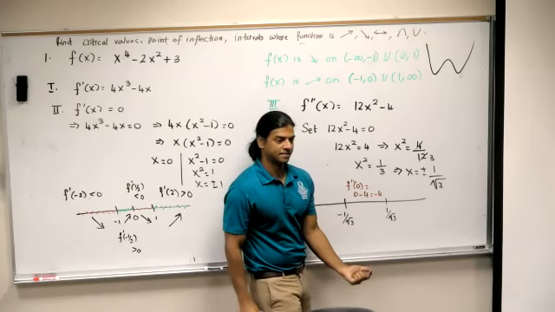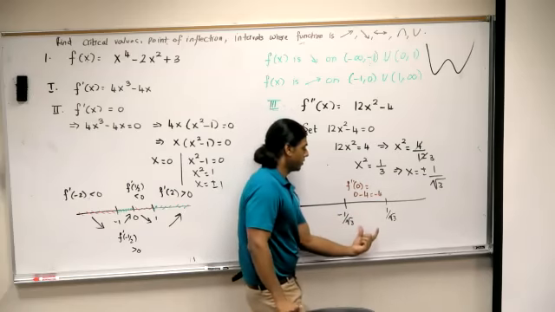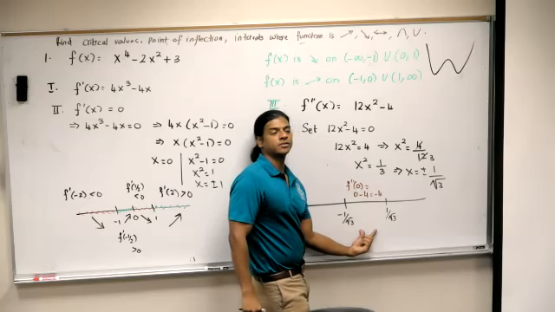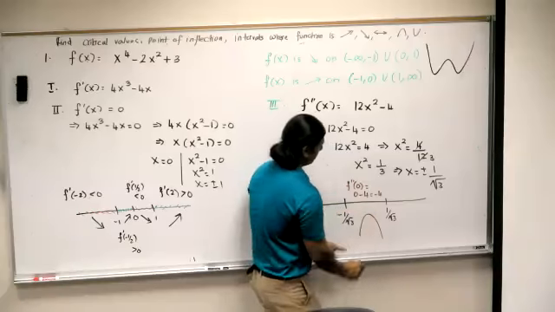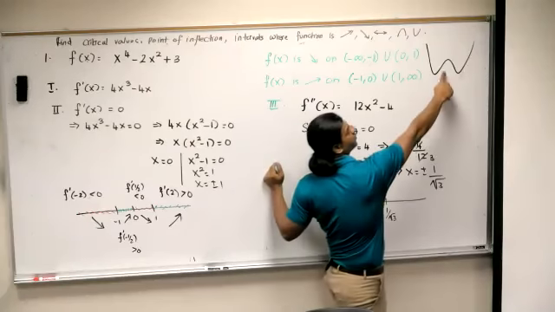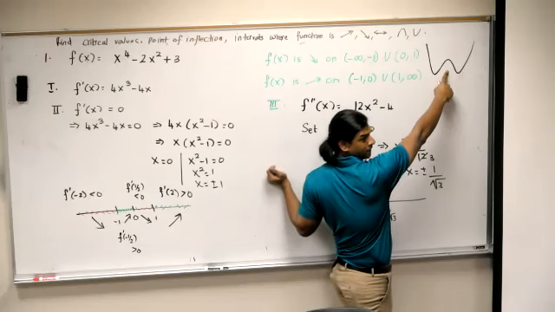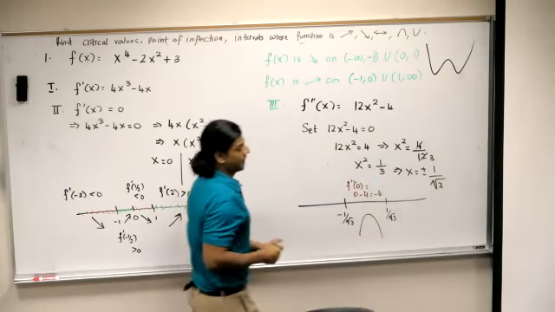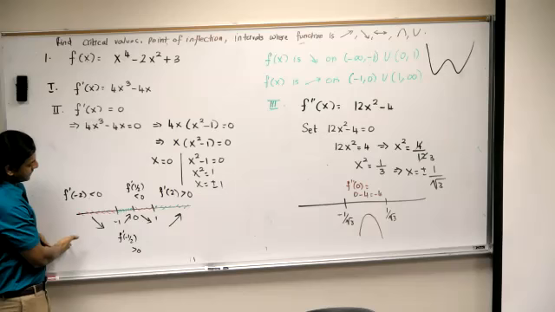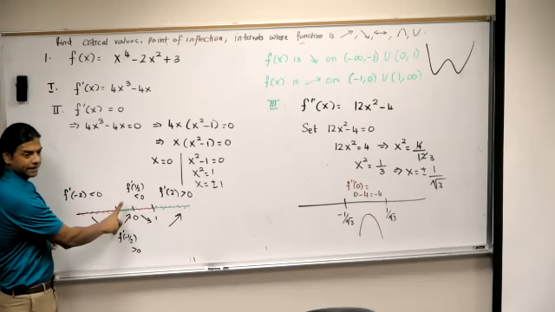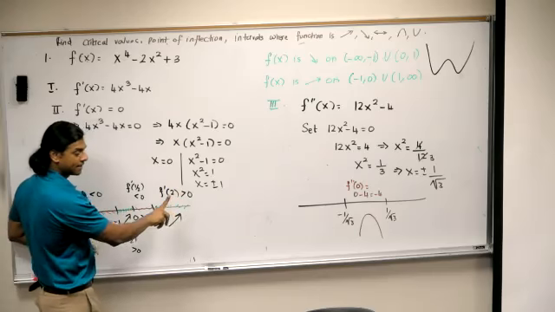Is that less than 0? So over here, is the function concave down or up? Does that agree with that part? Yes. So I did the first derivative test, things down here, things down there.